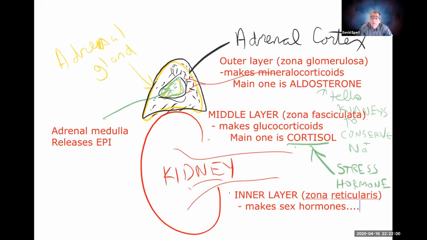Normally you think about your gonads, your ovaries and testes, making sex hormones, but they're made in different places as well, including in your adrenal glands. Even before you go through puberty, you've got sex hormones coming out of your adrenal glands.